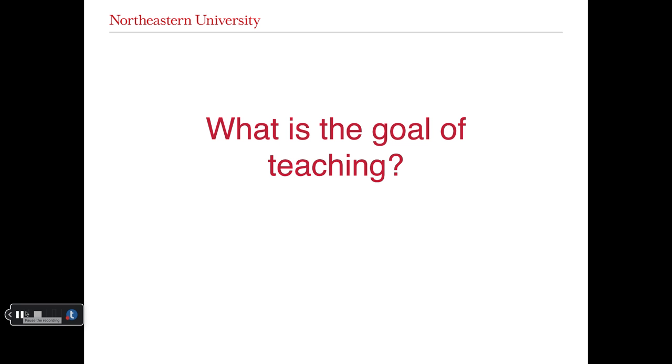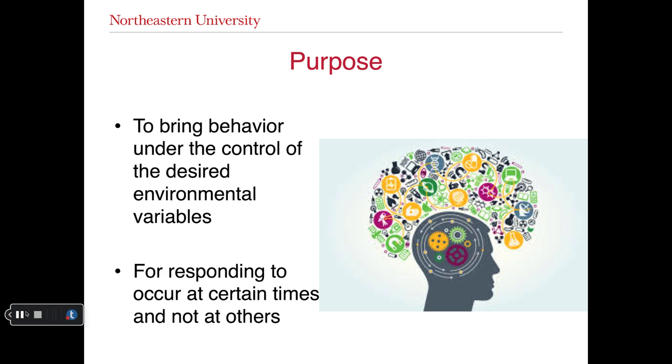Sometimes we may be teaching brand new skills that have never been emitted, or behaviors, responses that have never been emitted by a learner. However, we also, and maybe more frequently, may be bringing skills that have been emitted under new stimulus control. So thinking about that purpose, really what we're trying to accomplish through teaching might be to bring behavior under the control of desired environmental variables.